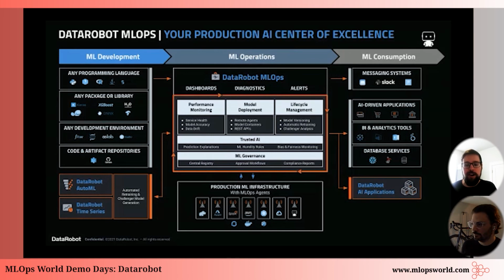And then using our agent concept, deploy that to a production infrastructure, whether that's Kubernetes, Spark, or on-premise. And again, that's what we're trying to accomplish with our management agent coming out shortly.